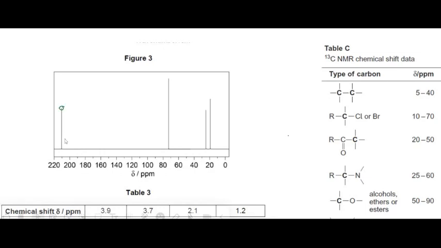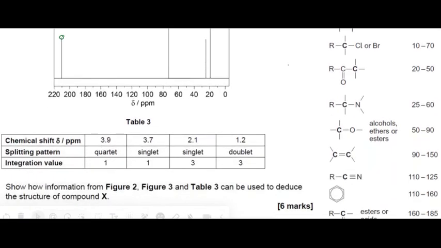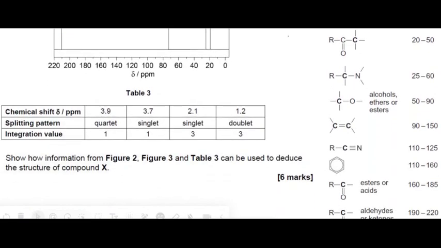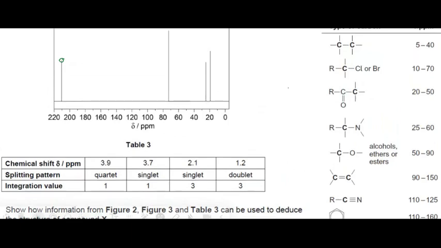So this peak is around 210. That would be this aldehyde or ketone. And I'm going to annotate it there. So that's an R bonded to a C double bond O. So yeah, we know we have a C double bond O. That's the double bond that was in our molecule.